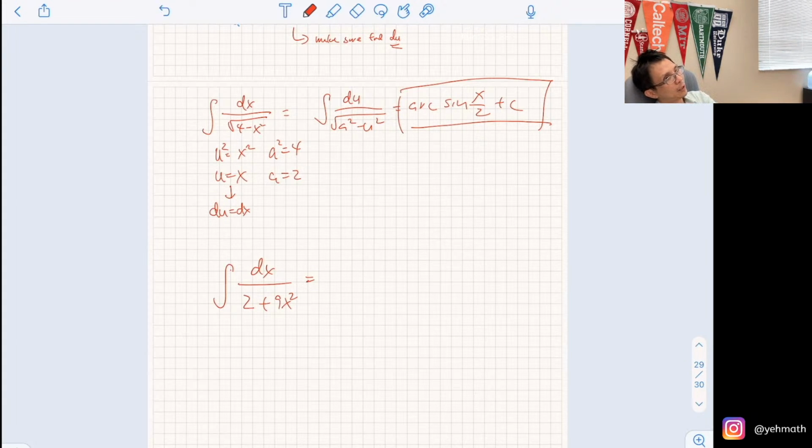Well, which formula does this one look like? That's the first thing you should ask yourself. Second, you have to say u squared equals what? a squared equals what? You can find out what u and a are. Once you find u and a, it's not the end of the course. The last, hardest part is you want to take the derivative of u, and you're going to get du. That's the part that you all mess up.